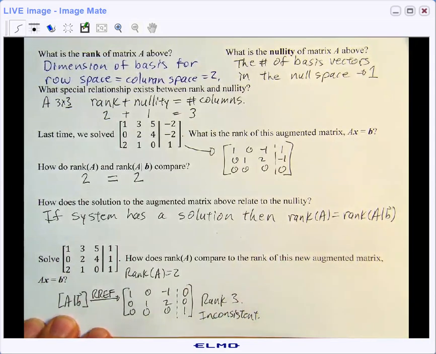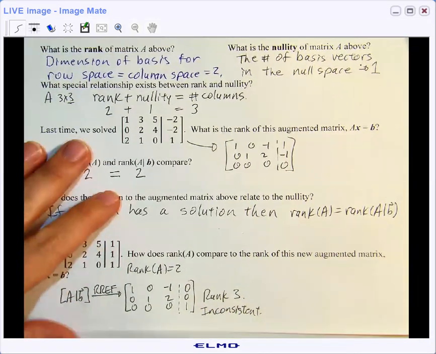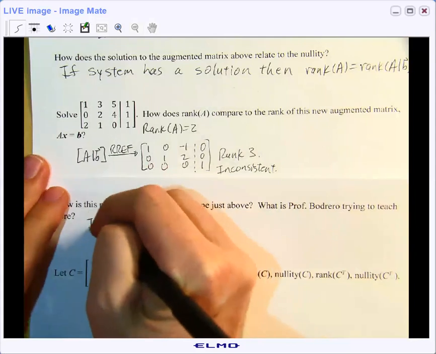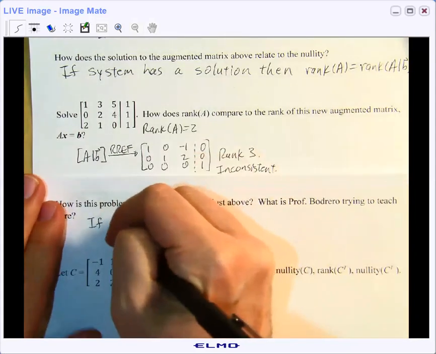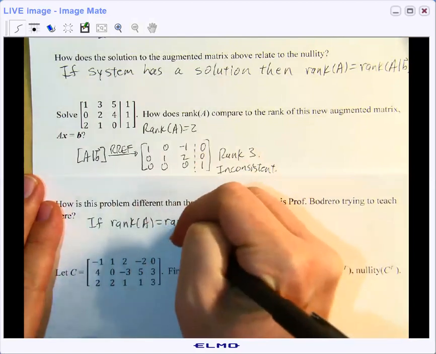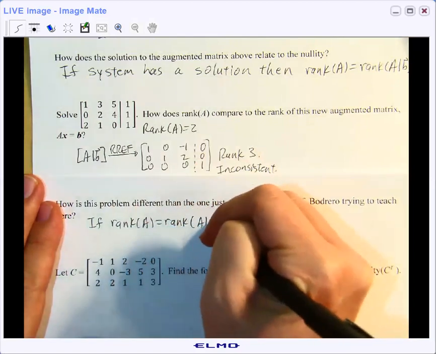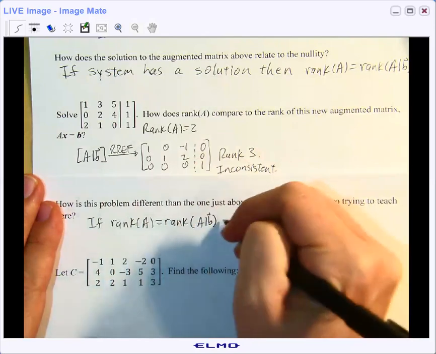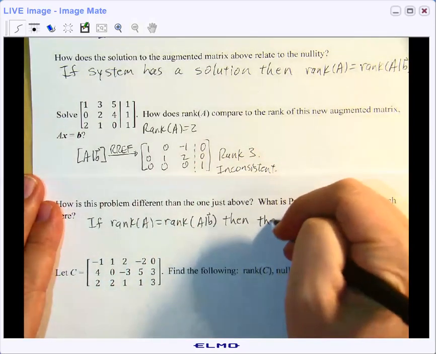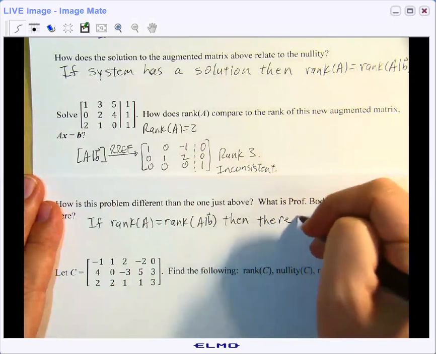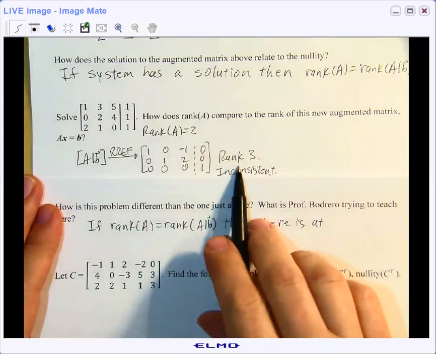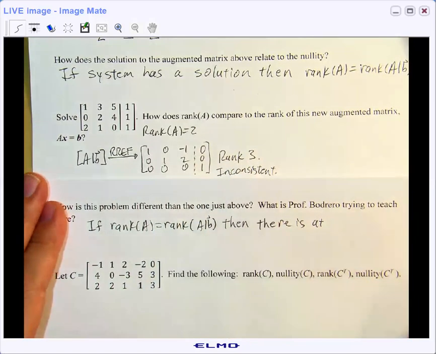So the point we're trying to get across here is, we'll restate it one more time, if the rank of A is equal to the rank of A augment B, then there is a solution. And if not, if the ranks are not the same, then it will be inconsistent.